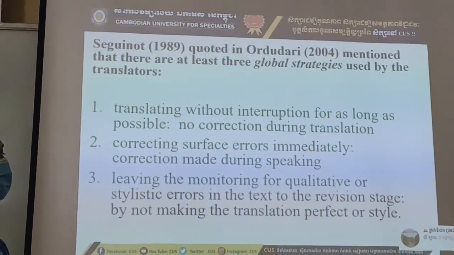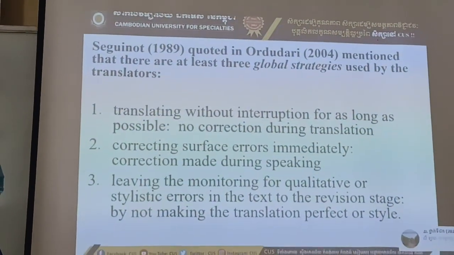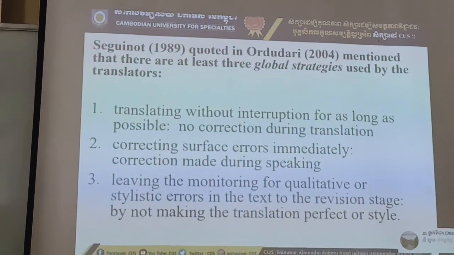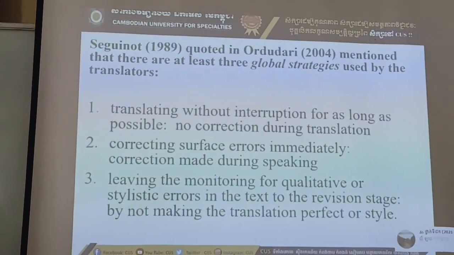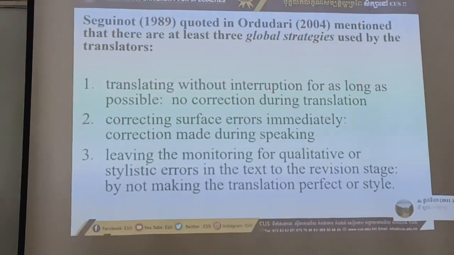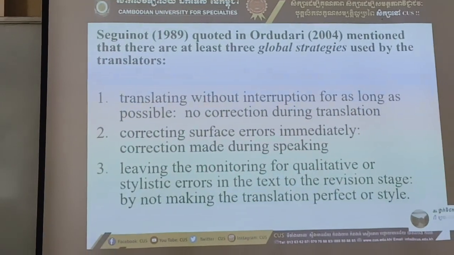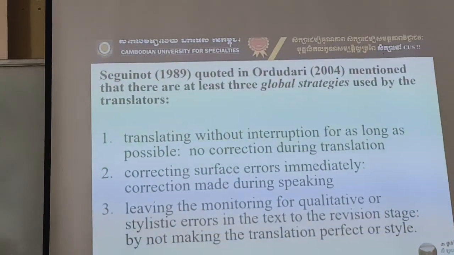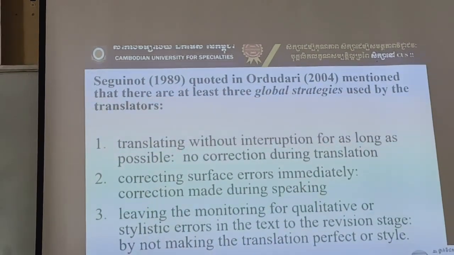Yeah, because the original speaker is still speaking. Yes, but you try to keep it in mind and then next time you will correct it. Okay, so this is the first one. The second one, you make a mistake and then you say sorry, and then you use the correct one instead of the mistake. Okay, thank you.